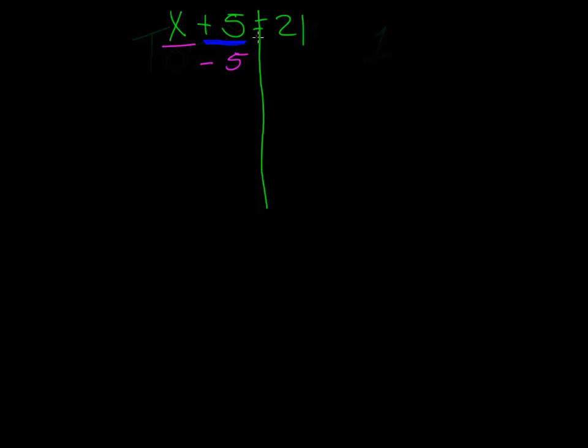What you do to one side of this equation, we're going to do to the other side, minus 5. Whenever you do this, these two will cancel out. You'll be left with x equals 21 minus 5. We do the math on that, and it leaves us with 16. So now that leaves us with a solution, x equals 16.